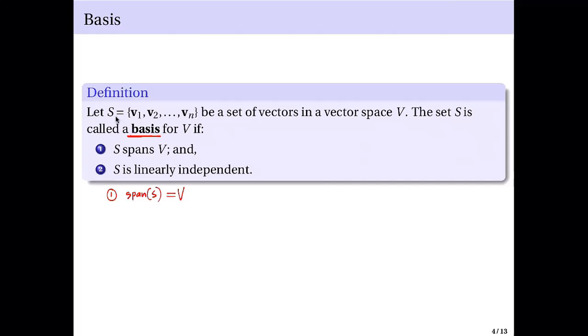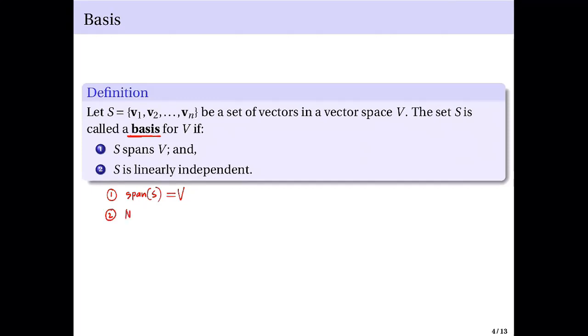So that is the first condition. And the second condition is that the elements V1, V2 until Vn are linearly independent. The set S is linearly independent. And remember, we just talked about linearly independent sets.